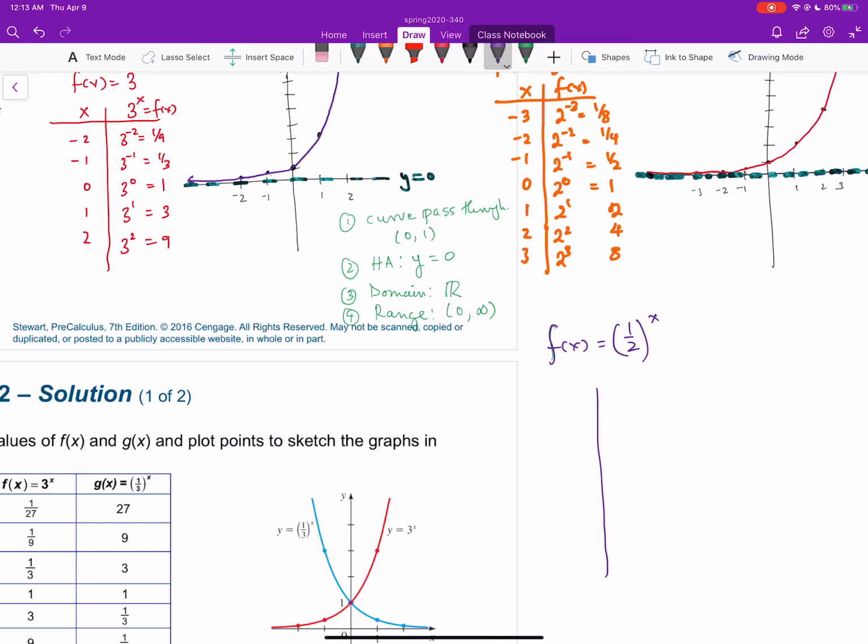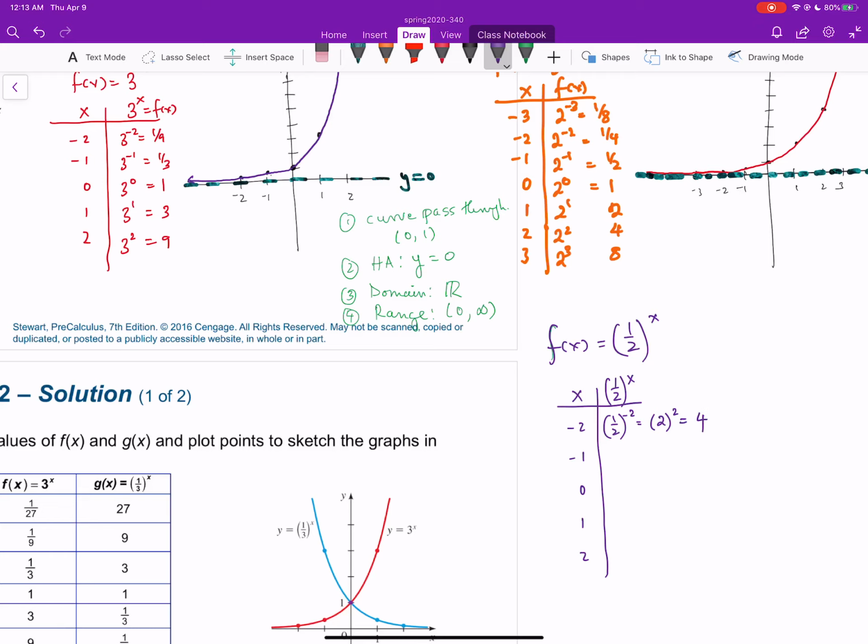Well, if I set up my table, x, and this is 1/2 to the x, then if I go with -2, -1, 0, 1, 2, then I get 1/2 to the -2, which is the same as the reciprocal, 2 to the 2, which is 4.